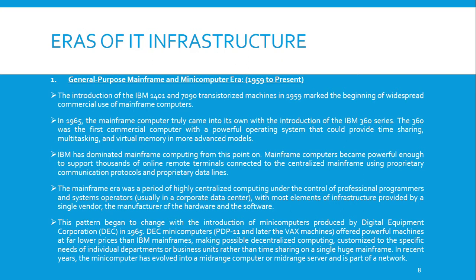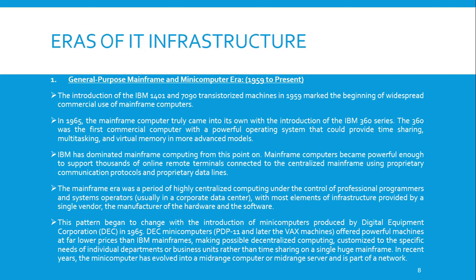The main reason for the popularity of minicomputers was that they were less costly and obviously less powerful compared to mainframes, but because minicomputers can be used for decentralized computing, they became popular rather than using one giant mainframe computer.